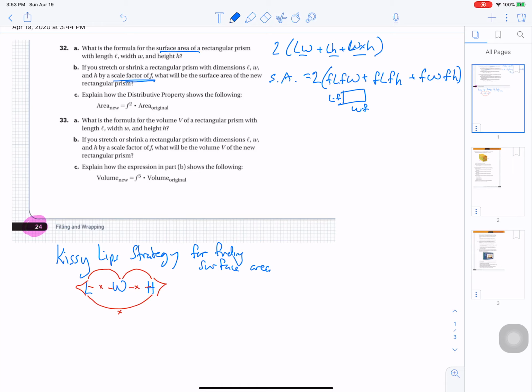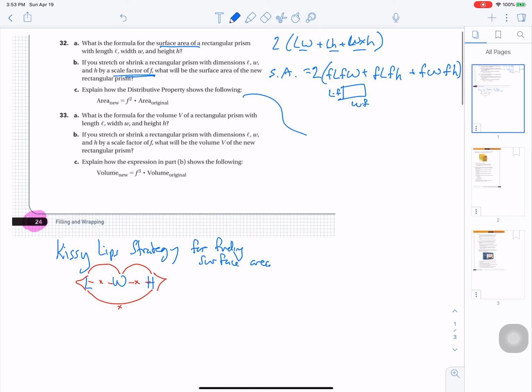How would that look a little differently if we were to use the distributive property and make it a little bit cleaner? That's question C. It could look like the surface area is 2 times the scale factor squared. Remember, each time you have 2 of these, so it ends up being squared, right?